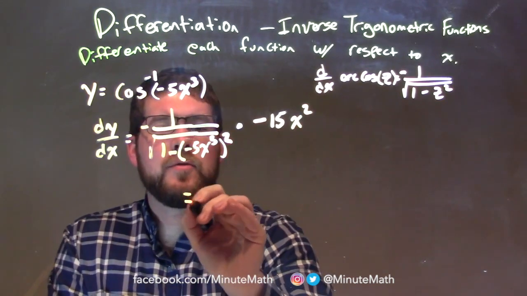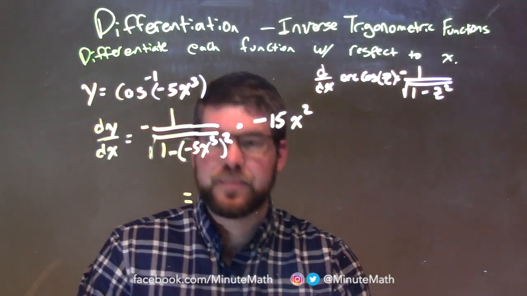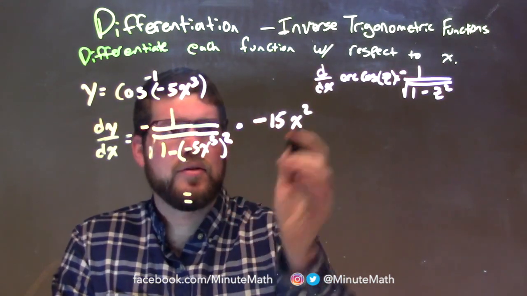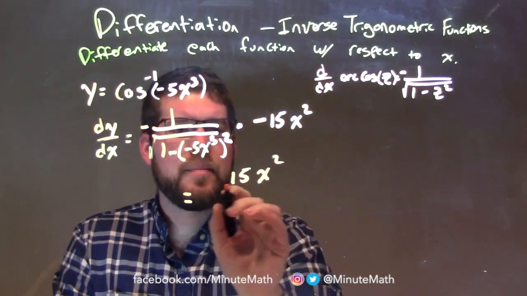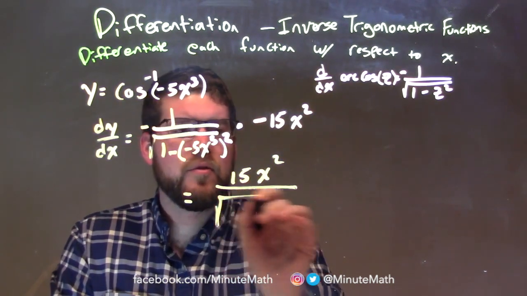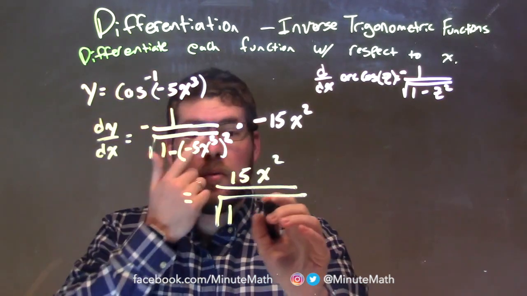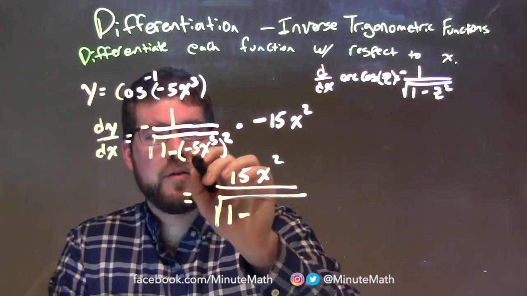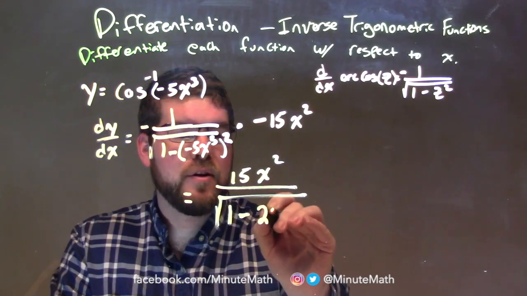So if I was to rewrite this as one final thing all put together, the negative 15 and the negative outside out front will cancel, and the 15x squared just goes up top. So we have 15x squared up top, all over the square root of 1 minus. Now let's square this: negative 5 squared is a positive 25, so we have a positive 25 here.